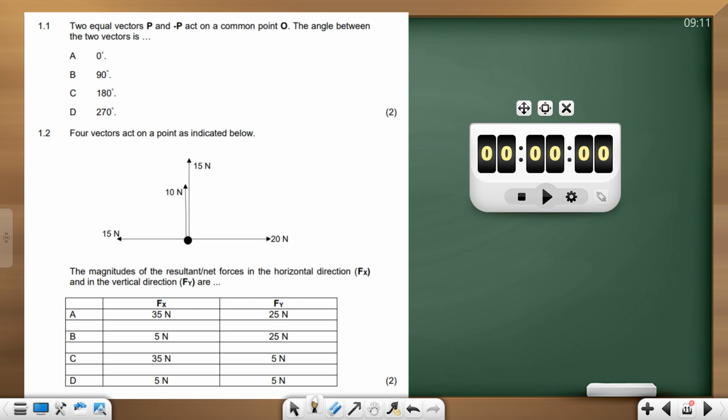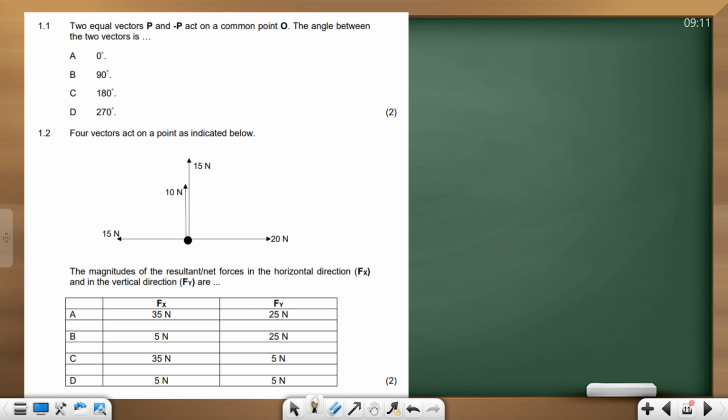The angle between the two vectors is, what's your first answer? They said two equal vectors, P and negative P. Remember we said one is positive, one is what? Because it's plus and minus.